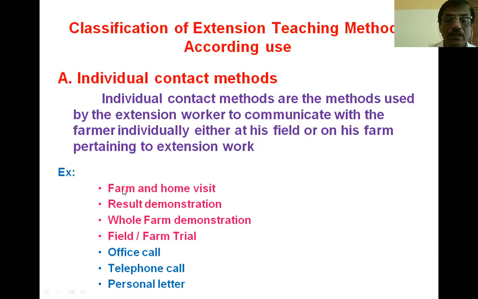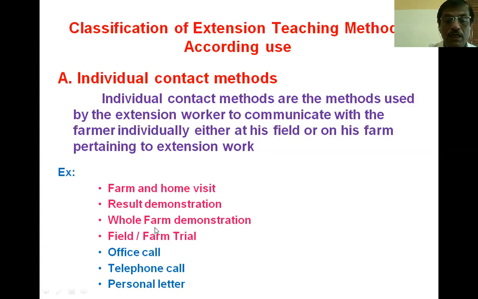These are the examples of individual contact methods: farm and home visits, result demonstration, whole farm demonstration, farm trial or field trial, office call, telephone call, and personal letters. So there are seven teaching methods under individual contact methods.